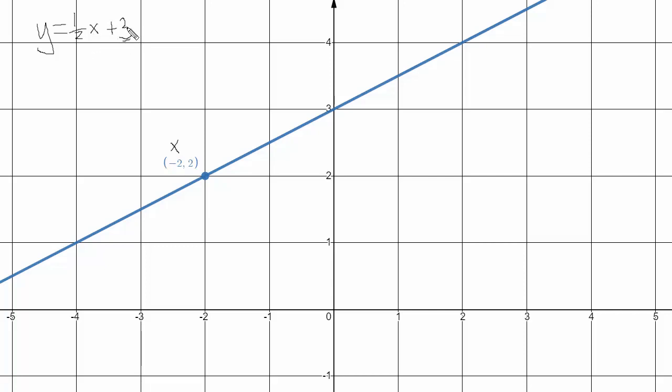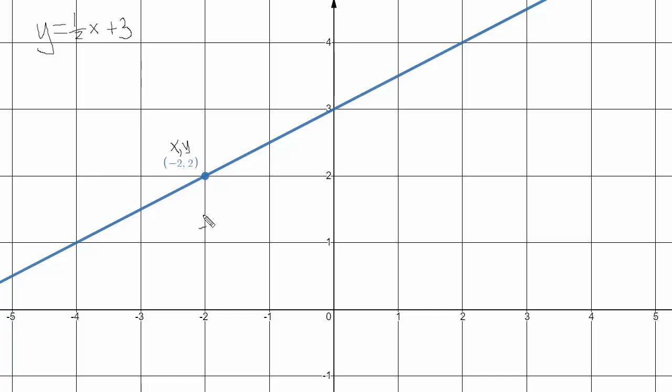And then if we add 3 to that, y would equal 2, right? Our y value is 2. So this -2, 2 is a solution to this equation because on a graph we see it falls on the line, and when we plug those values into the equation, it makes a true statement.